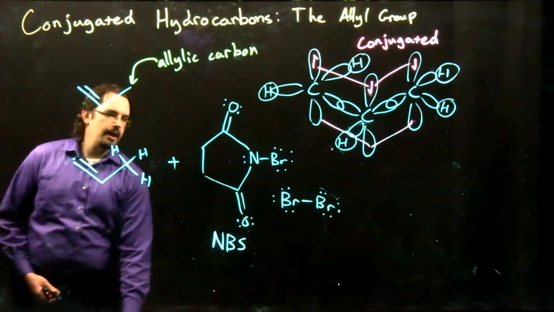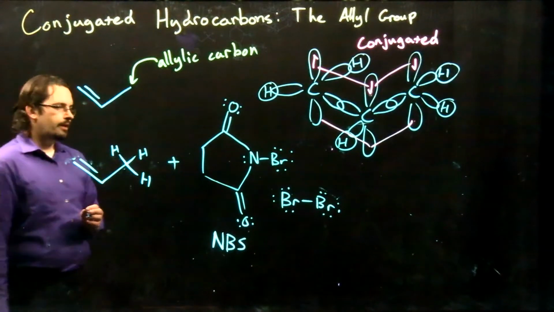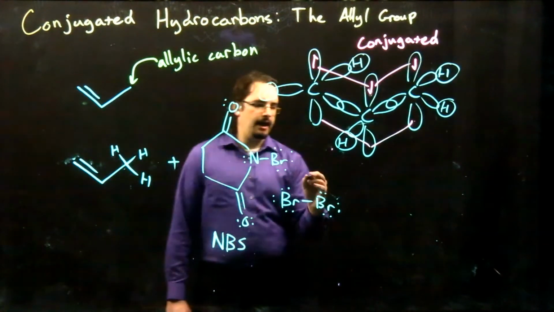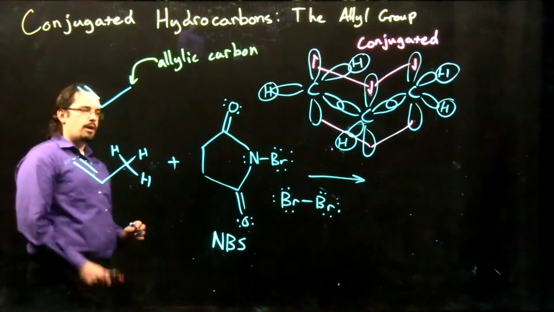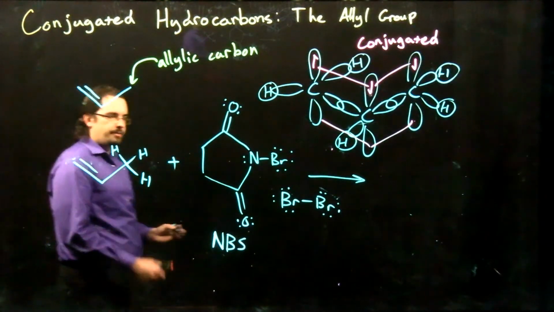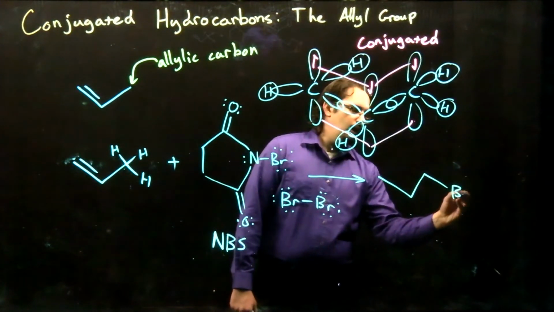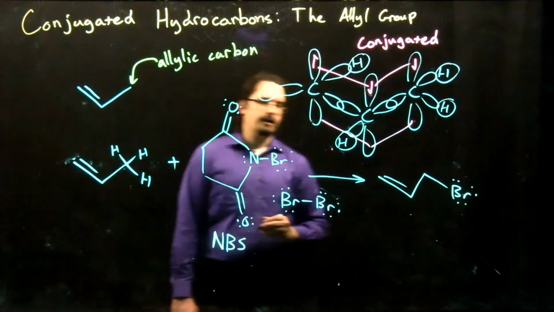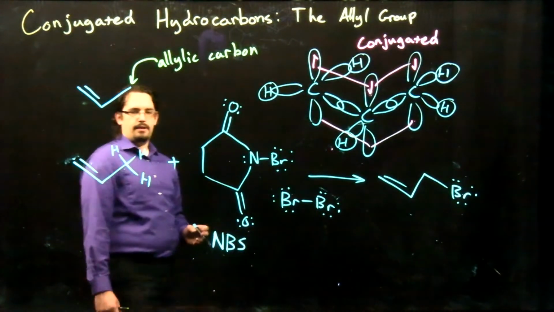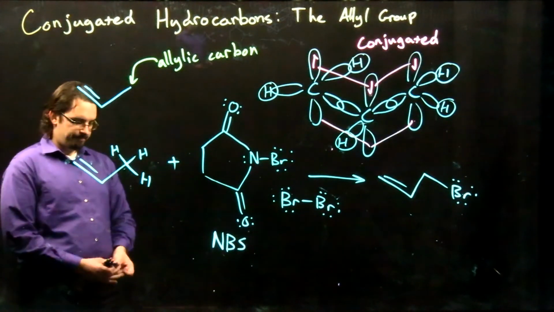So if we take our NBS and react it with our allylic carbon here, our NBS again will act as our source of bromine that won't allow for a normal alkene halogenation reaction, and we'll get our allylic alkyl halide produced as our primary product without any of our addition halogenation products interfering.